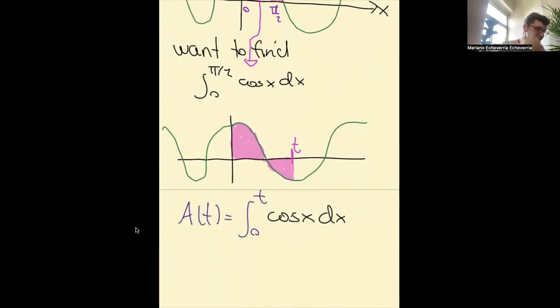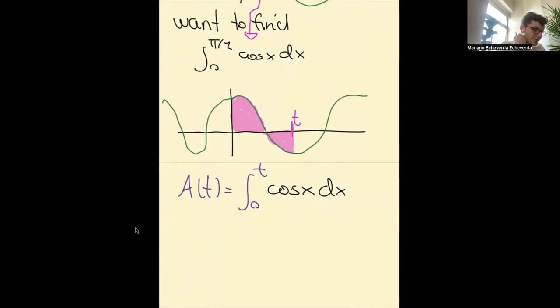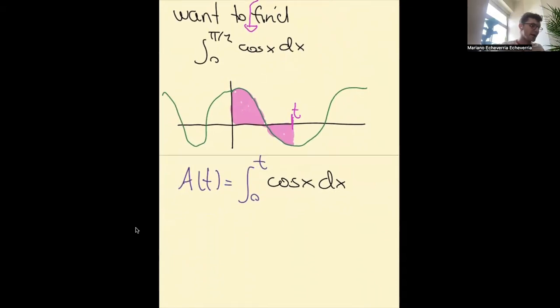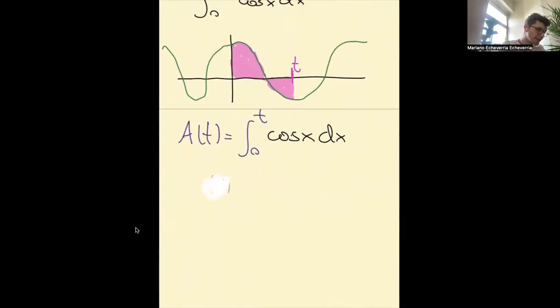The advantage of doing that is that now we can use the fundamental theorem of calculus, because now this is a function of t, because you're allowed to vary the endpoint. And so the derivative of this with respect to t, by the fundamental theorem, is just: take the function you started with and replace the variable with t.